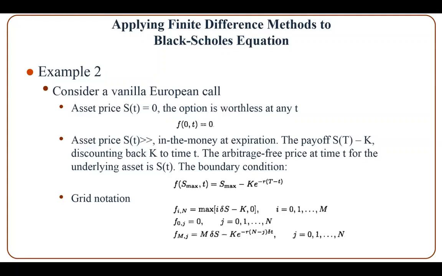The payoff S minus K, discounting back K to time t. The arbitrage-free price at time t for the underlying asset is X. And from there we get the boundary condition. And this is the grid notation.